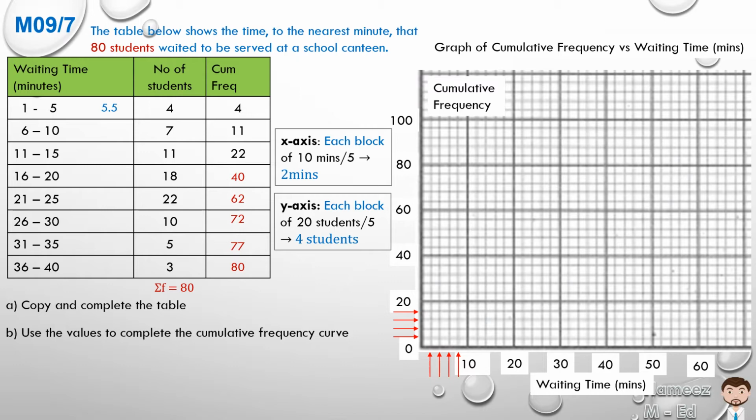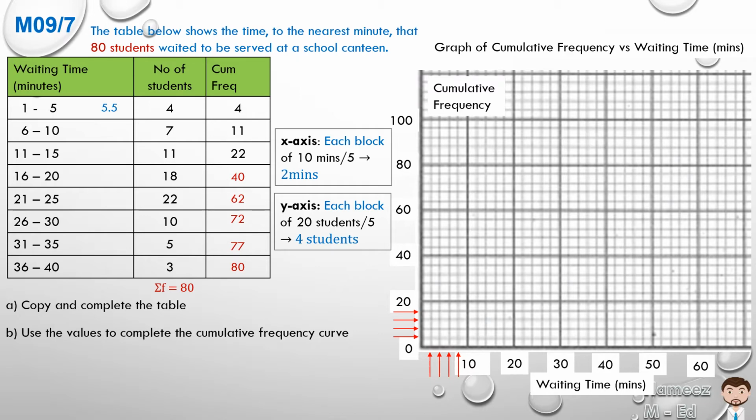If we left it at 1 to 5, it would be like we're plotting a bar graph. But we're trying to make it look like a histogram to close up the spaces, so we shift the upper limit, and by shifting it, it's now called the upper boundary.